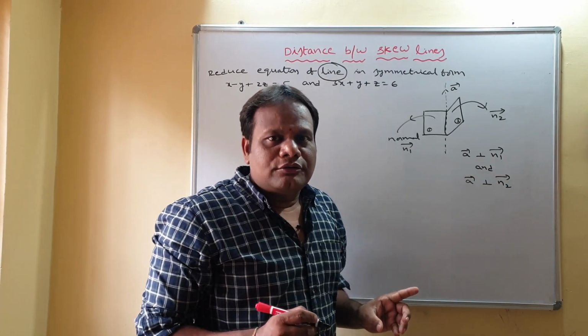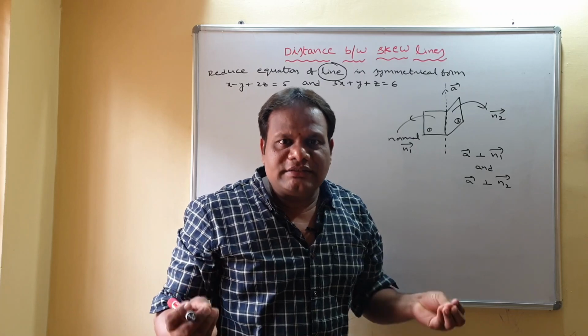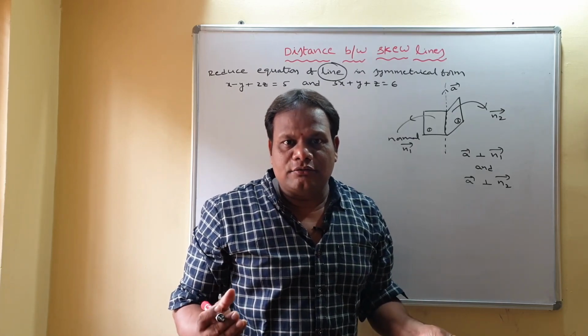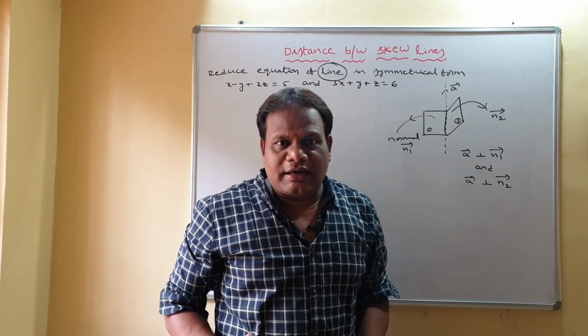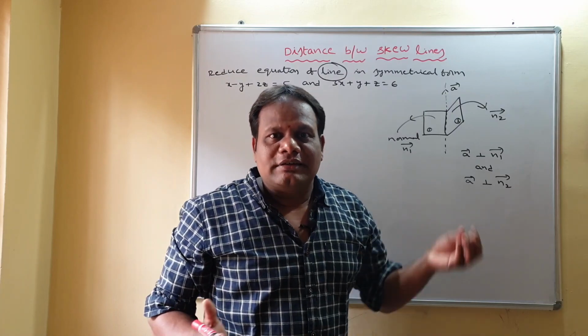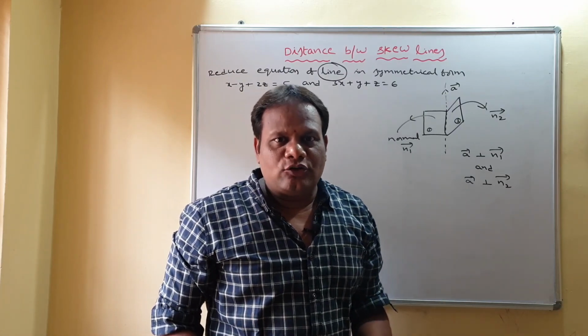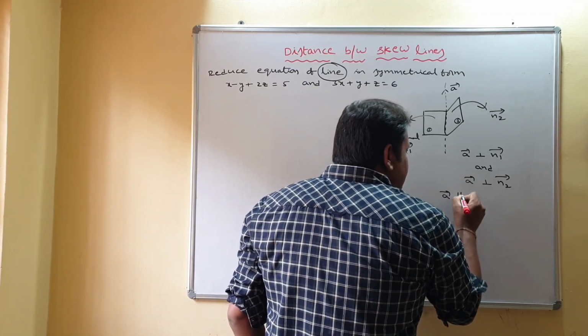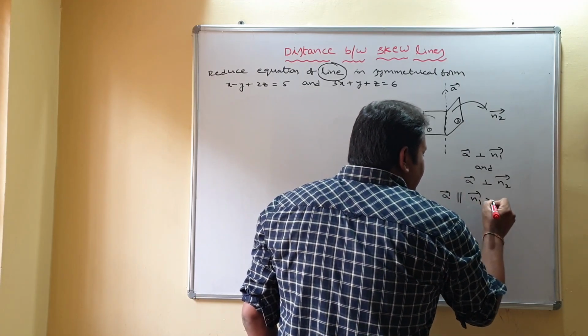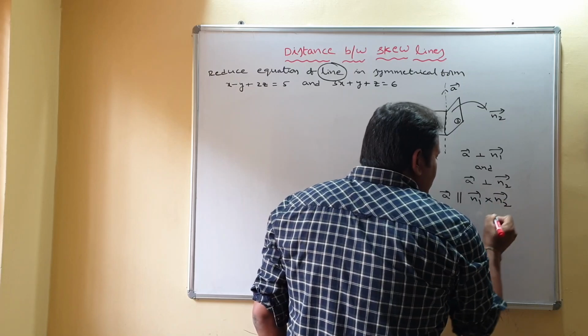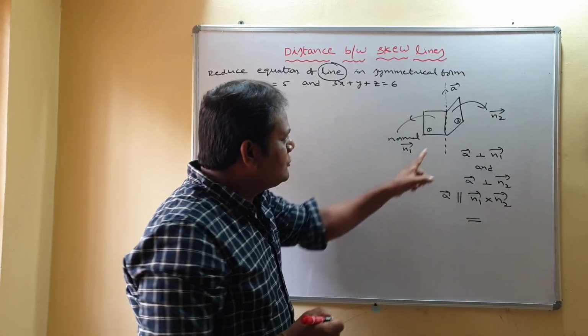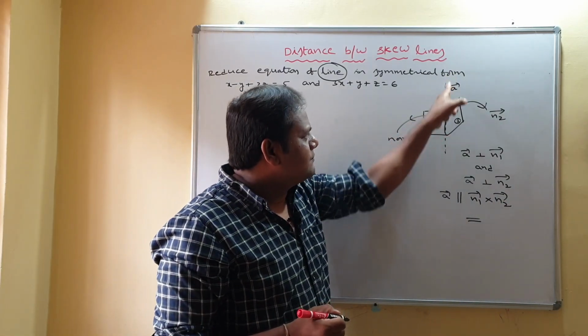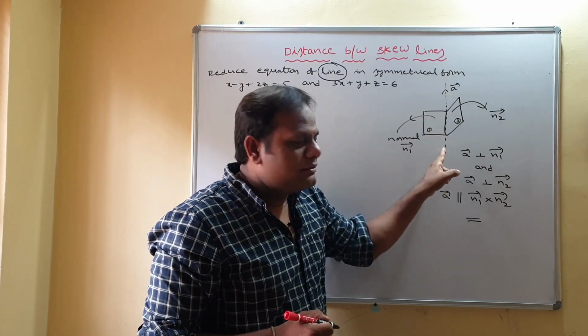You observe that the vector along the required line is perpendicular to both n1 bar and n2 bar. So can you tell what the vector perpendicular to both n1 bar and n2 bar is? That is n1 bar cross n2 bar. So the vector A bar is parallel to n1 bar cross n2 bar. A bar represents dr's of the required line.